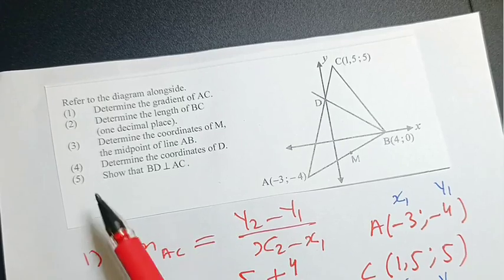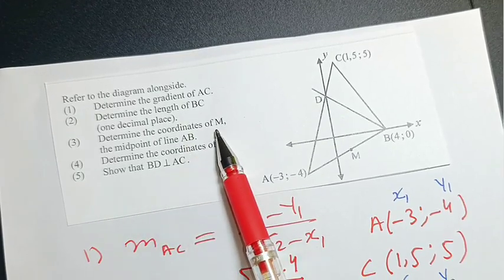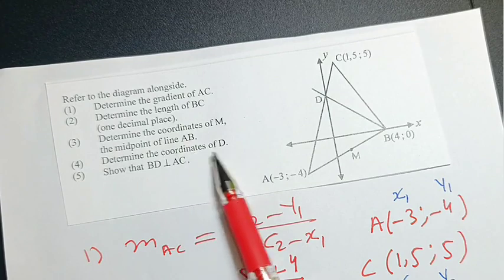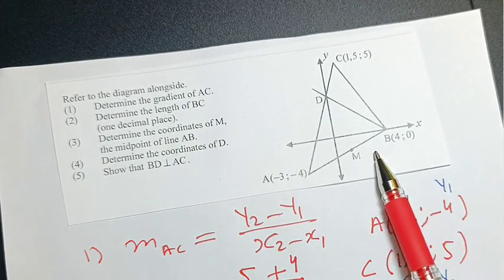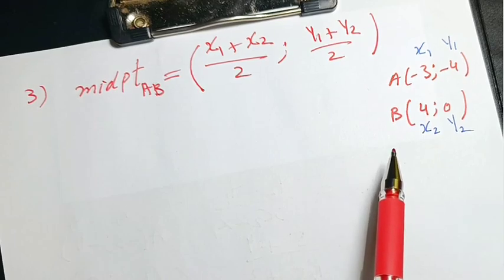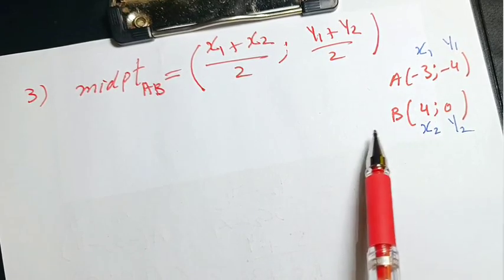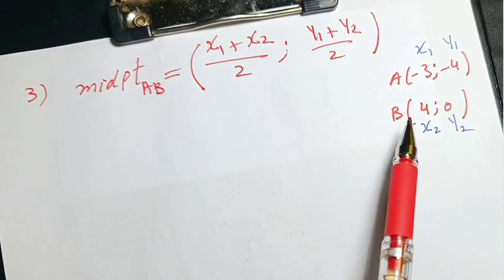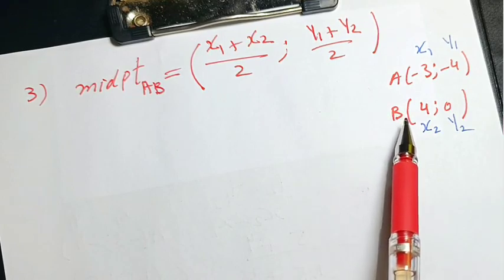The third question says determine the coordinates of M, the midpoint of line AB. This is the line AB, the midpoint is M, so we need to find the midpoint. We need to find the coordinates of M, so I need to take the midpoint of AB.